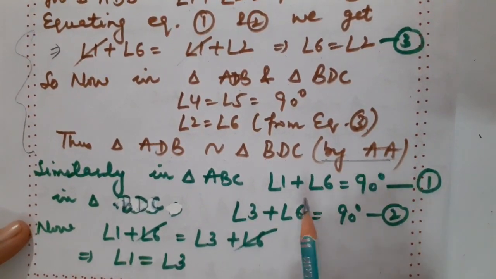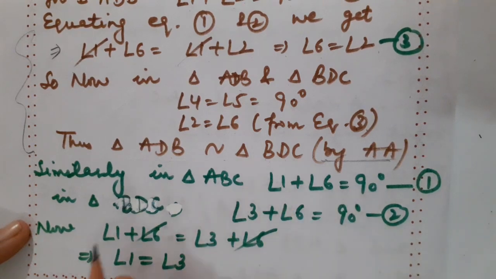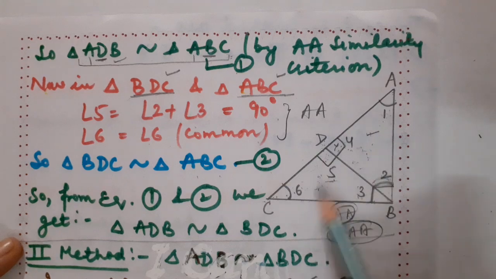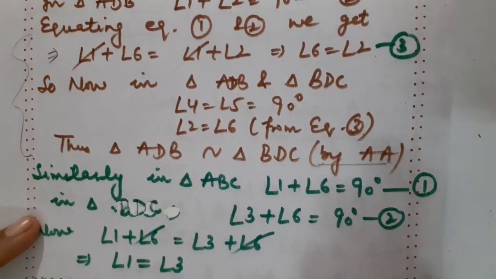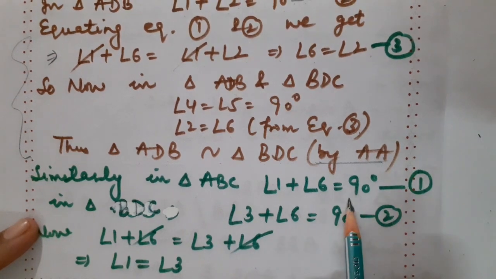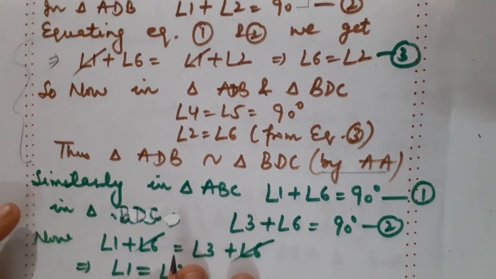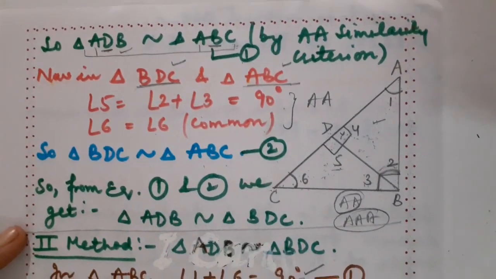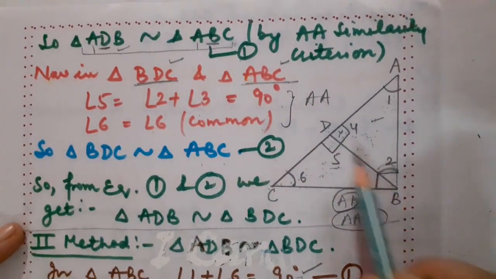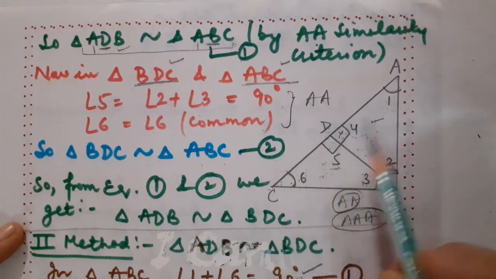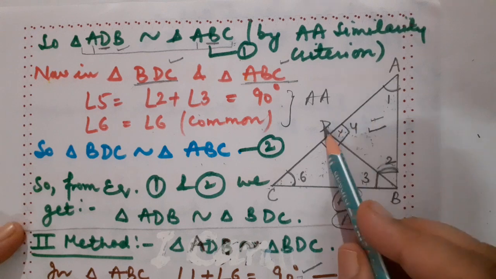Now I am going to take the bigger triangle, that is angle 1 plus angle 6. They both will form the sum as 90 degree. So this is angle 1 plus angle 6 is equal to 90 degree. Got it? Now I am going to take another triangle, that is triangle BDC. Children, when I proved that angle 2 is equal to angle 6, in that case I took triangle ADB.